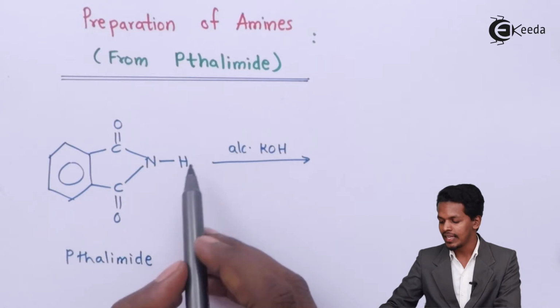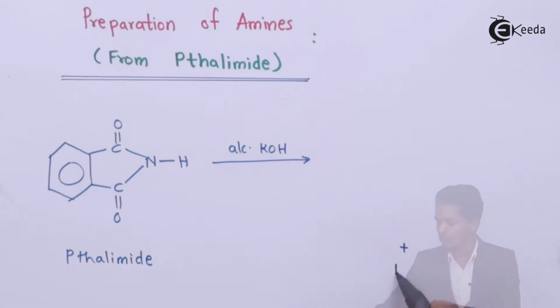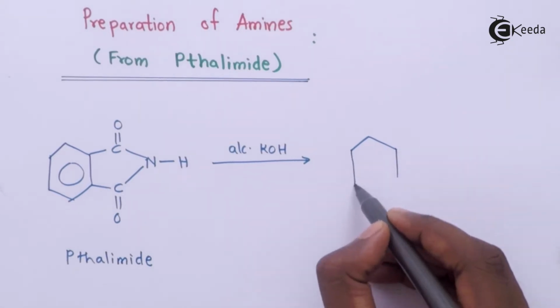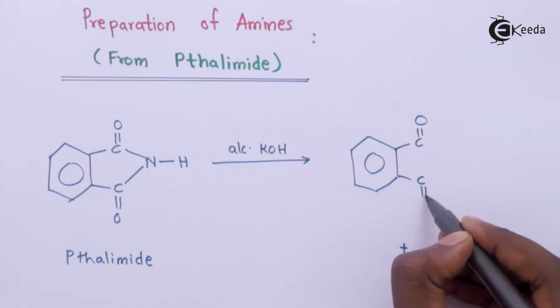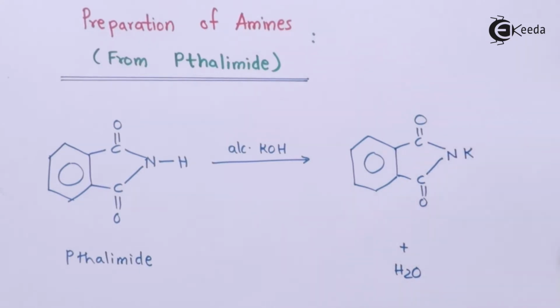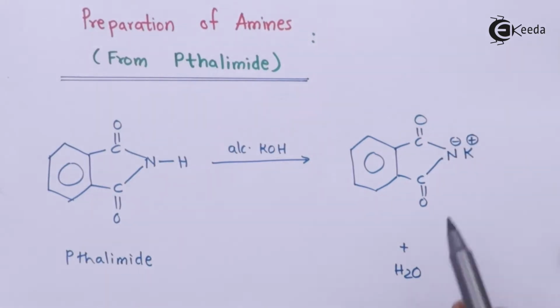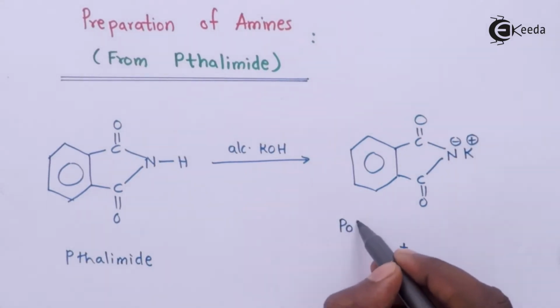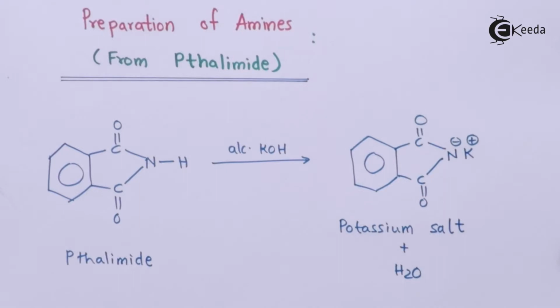In this process, this H and the OH of potassium hydroxide are removed in the form of water, H2O, and the remaining product has a structure of benzene attached to 2 carbonyl groups, and here it is N, while here we write K. This is basically a salt, and it is known as the potassium salt of phthalimide.